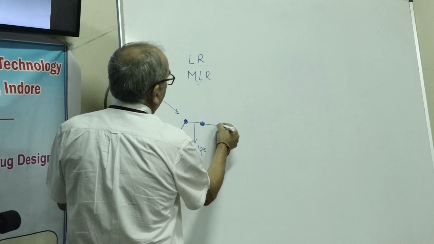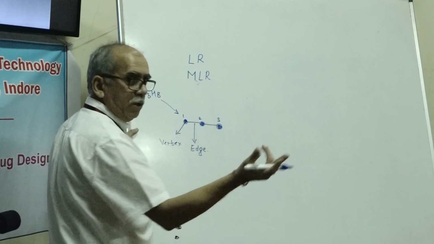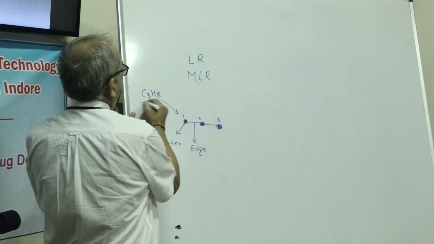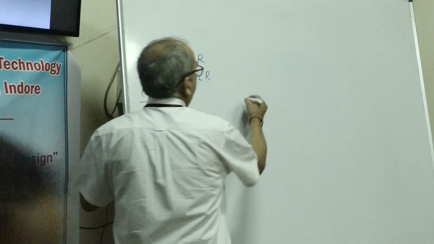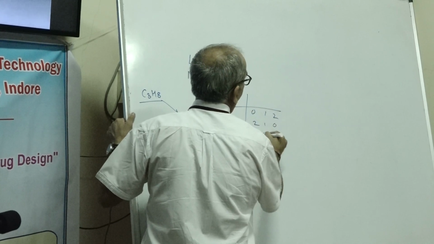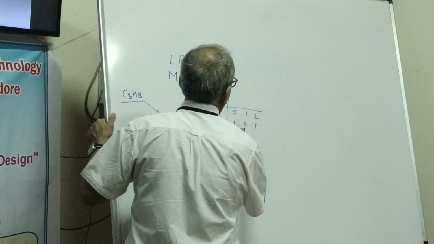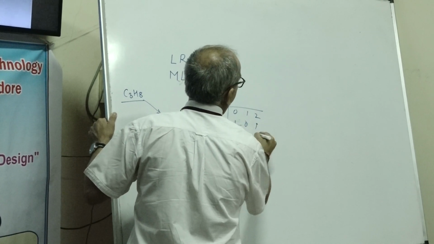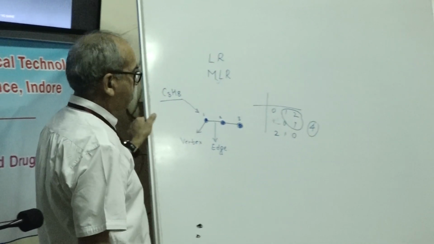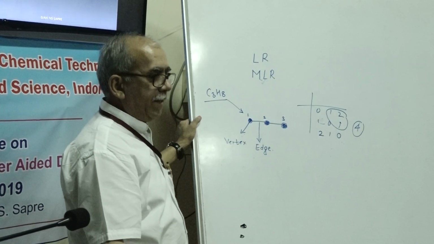This is a vertex, say V1, V2, and V3. Yesterday you calculated V1, V2, V3. This Wiener index for this particular molecule would be something like 0, 1, 2, 1, 0, 1, 2, 1, 0. This is a distance-based index.